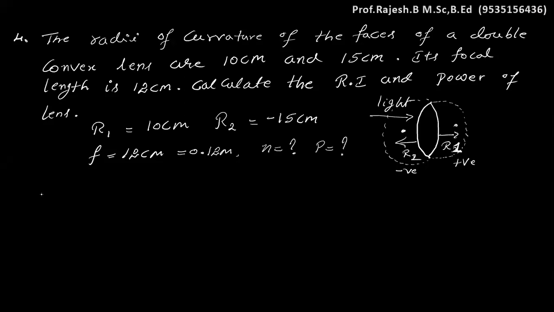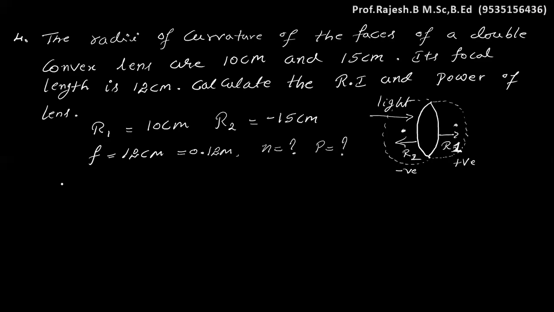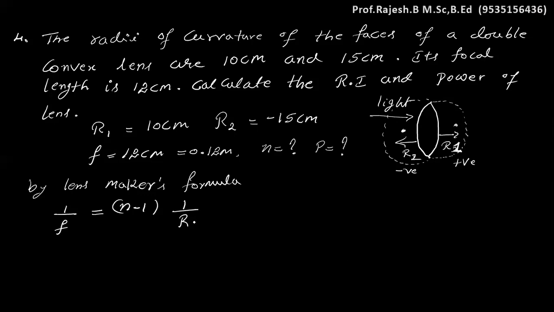Now by using the lens maker's formula, you already know that 1 by f is equal to, and the outside medium is air, you can just write n minus 1 into 1 by r1 minus 1 by r2.